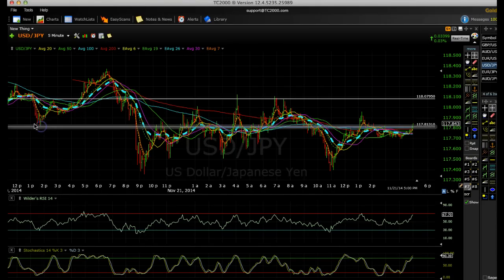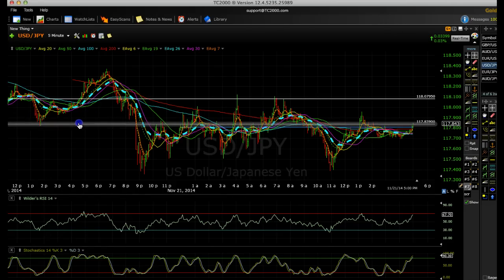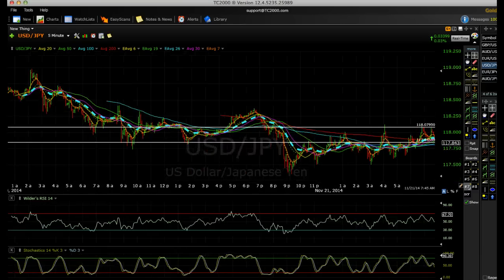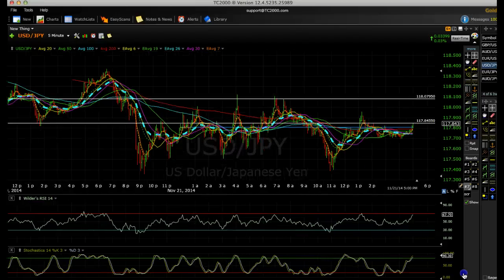I was actually going to place it here, but as I started to move, I noticed how it lines up with some of the other things going on here. And look, it also lines up with how the market ended at 5 o'clock. So I like that level. Now, how far does it go back? All right, that's about it.